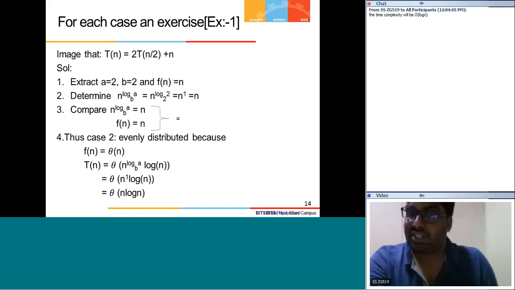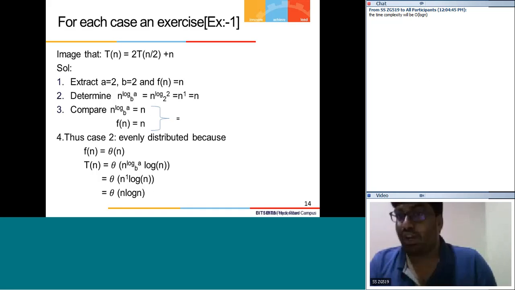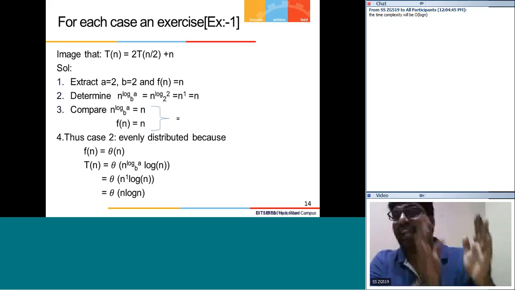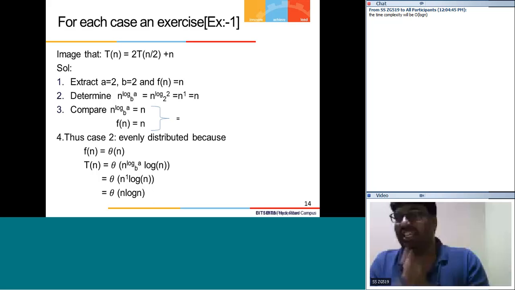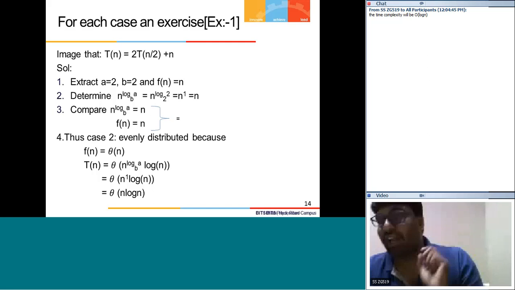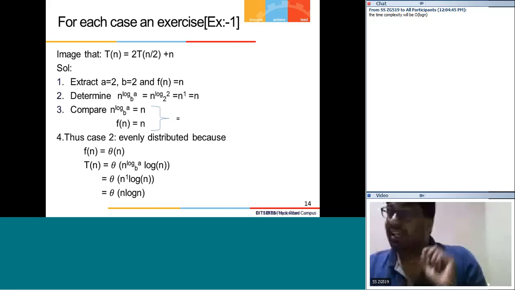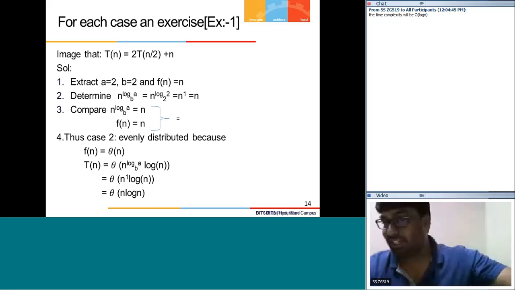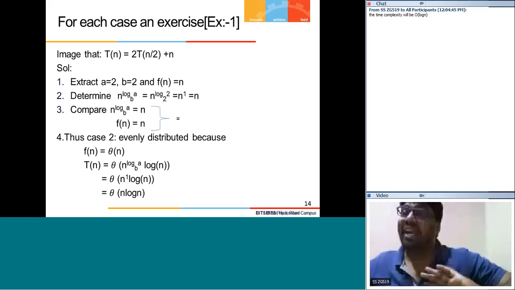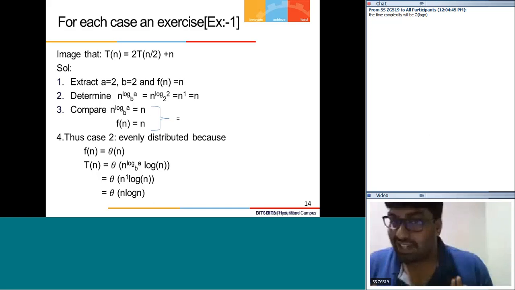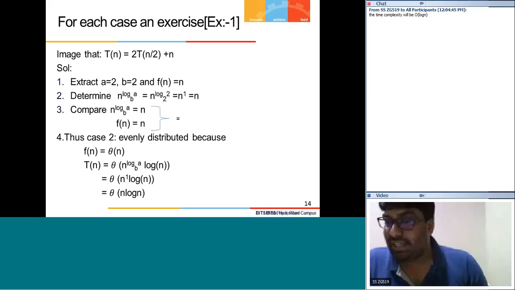But here if you even substitute the external condition, that is n to the power log a base b, which was not there before, that is an extra. Even then, you are not able to find any equation that is greater or less. So it should be the average case. Got it? That's the reason why you get the average case. The determined value n to the power log a base b is an external condition. They are trying to prove I might get a function greater or less. Is this clear? Can I go to one more example?